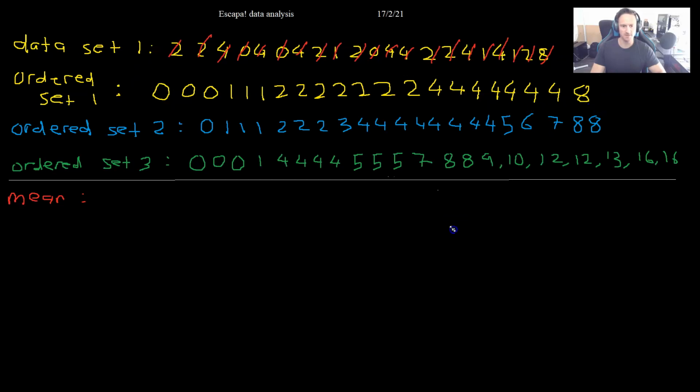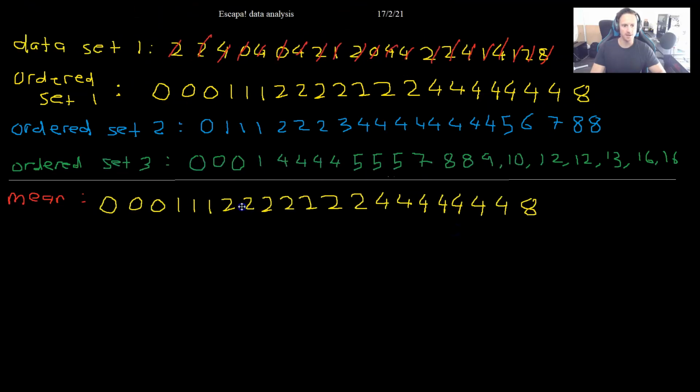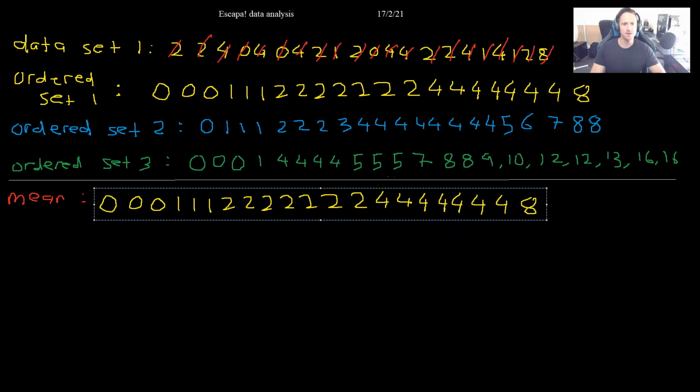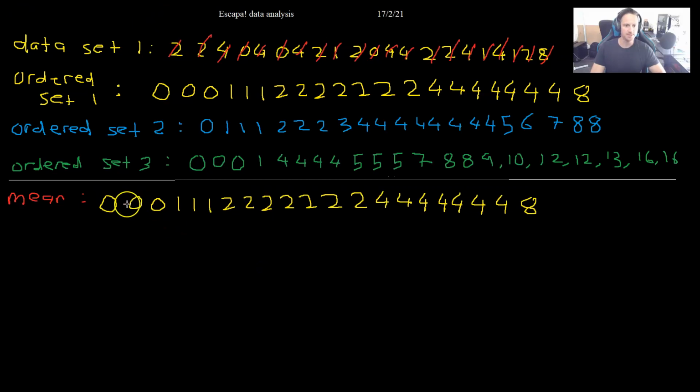I'll grab my first data set and calculate the sum of all of the values. To save time, I won't write pluses in every time. I should be writing 0 plus 0 plus 0 plus 1 plus 1, but I'm not going to do that. I'm just going to save a little bit of time and write down sum of values.